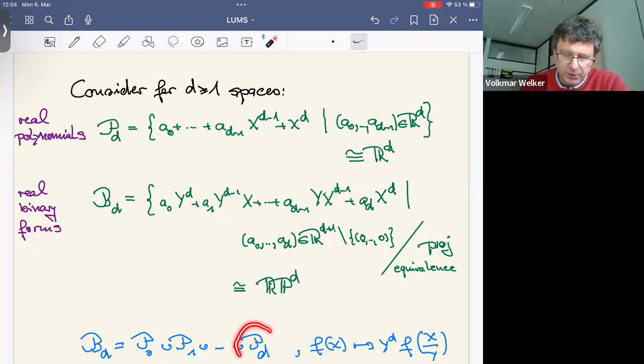You take one of those polynomials, say f of degree at most d, and you map it to y to the d times the polynomial f evaluated at x over y. What you get is a binary form, and this gives you a disjoint decomposition. That's an easy exercise to prove. This highlights the intimate relationship between the binary forms and the spaces of polynomials. But as I said before, for this talk I confine myself to these spaces of polynomials. Okay, object clear, I guess. Any questions?